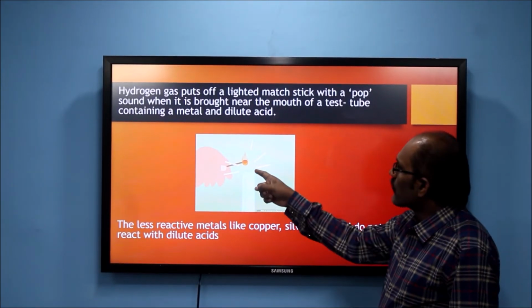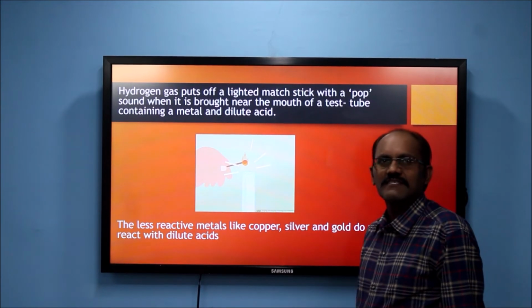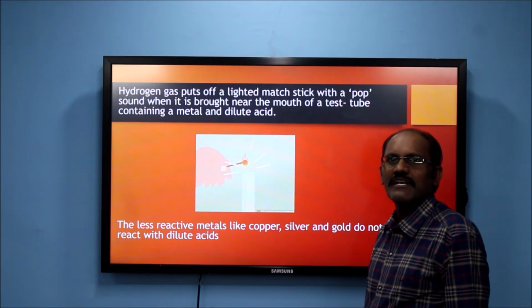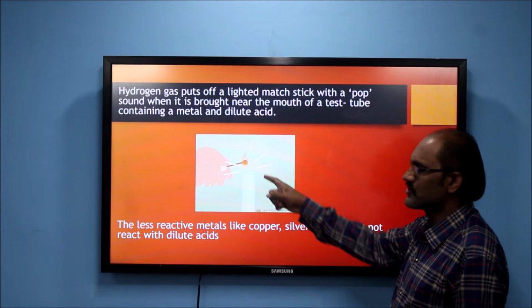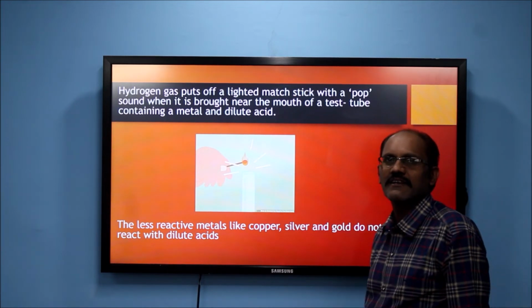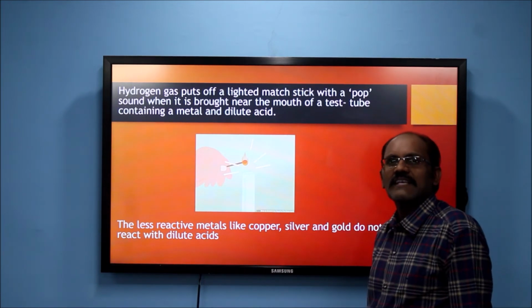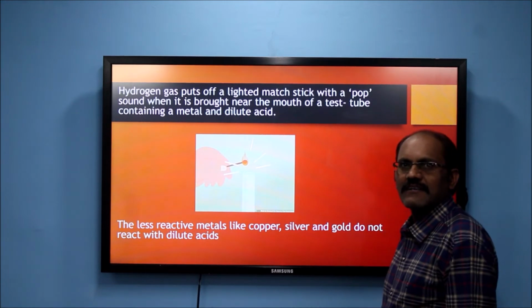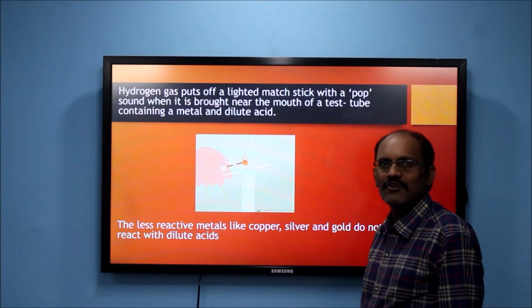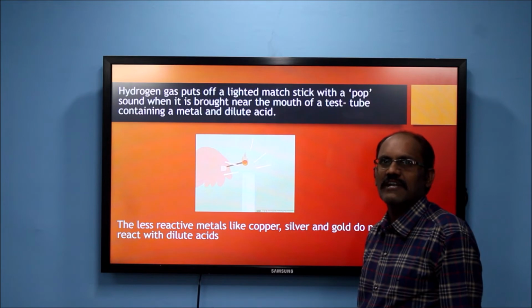Hydrogen gas puts off a lighted matchstick with a pop sound when it is brought near the mouth of a test tube containing a metal and dilute acid. The less reactive metals like copper, silver and gold don't react with dilute acids.